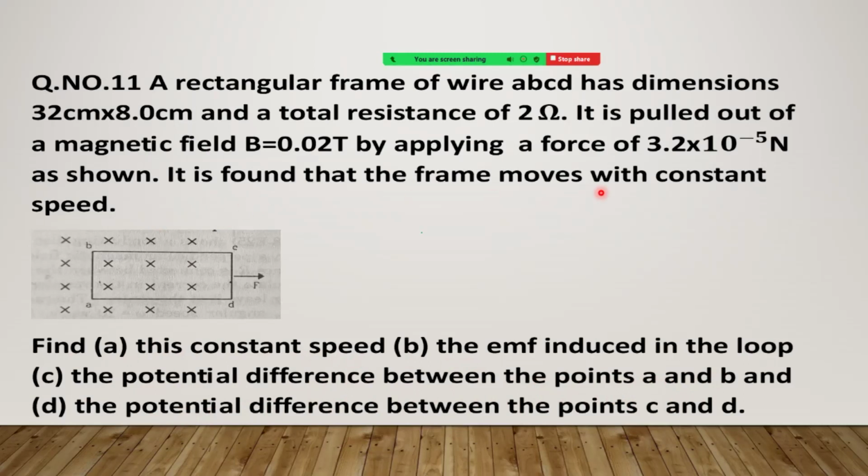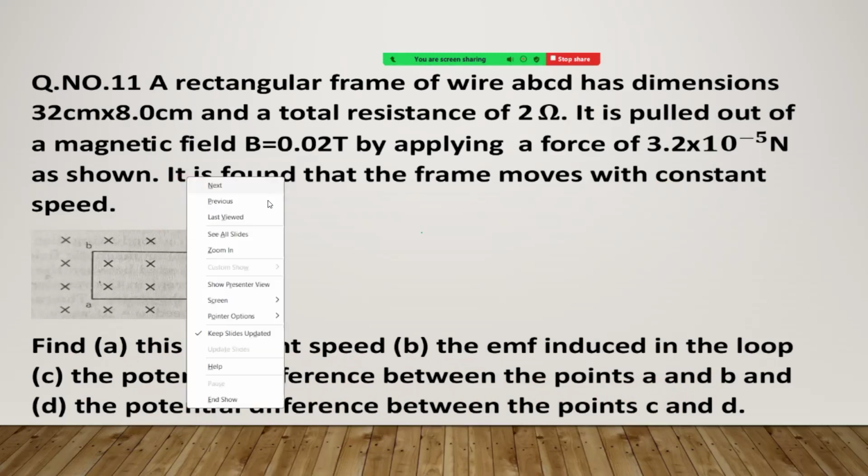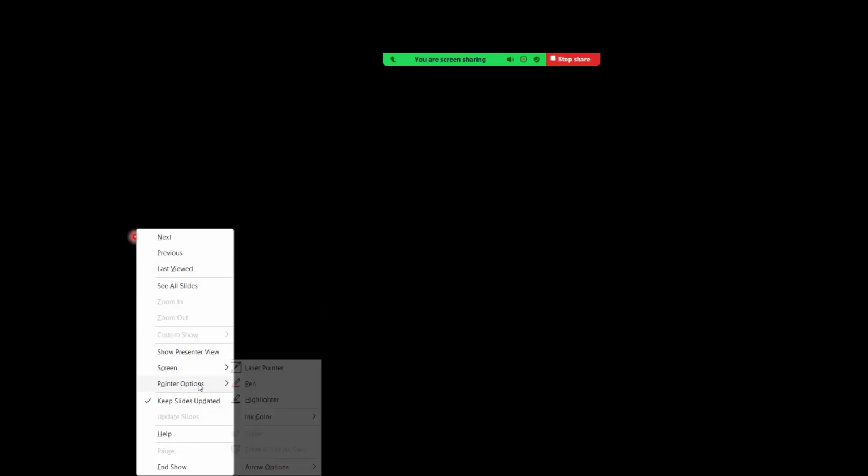Condition is given that the frame moves with a constant speed. So constant speed means net force must be equal to 0. Let us make the given diagram. So it is given A, B, C, D. CD is out of the field.